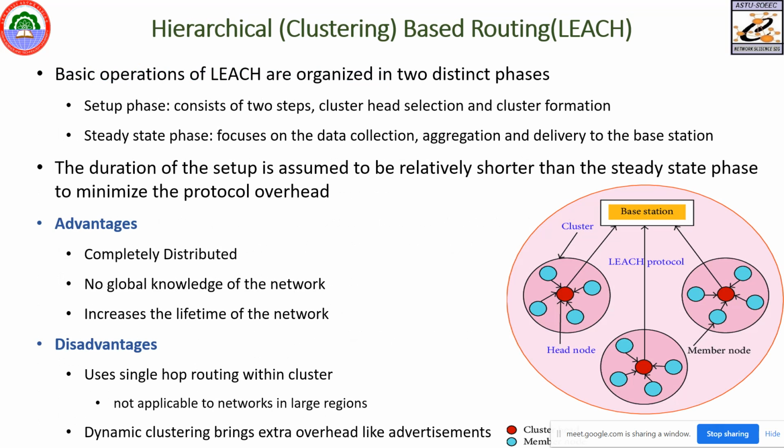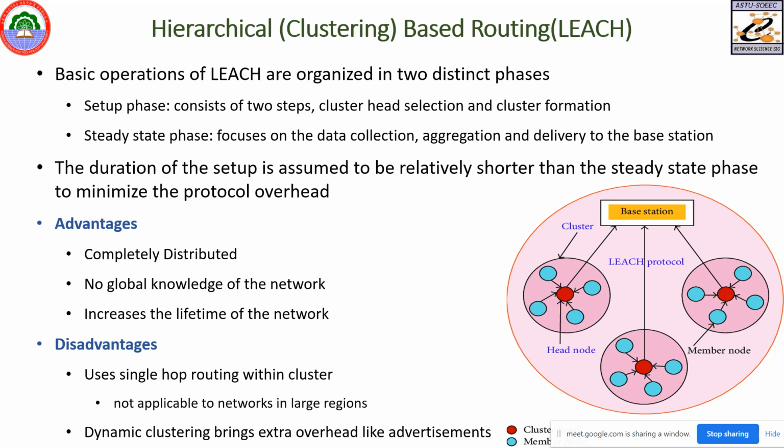As we can see from this particular figure, different clusters are formed. Three clusters are formed here, and for each cluster there is a cluster head, represented in red color.